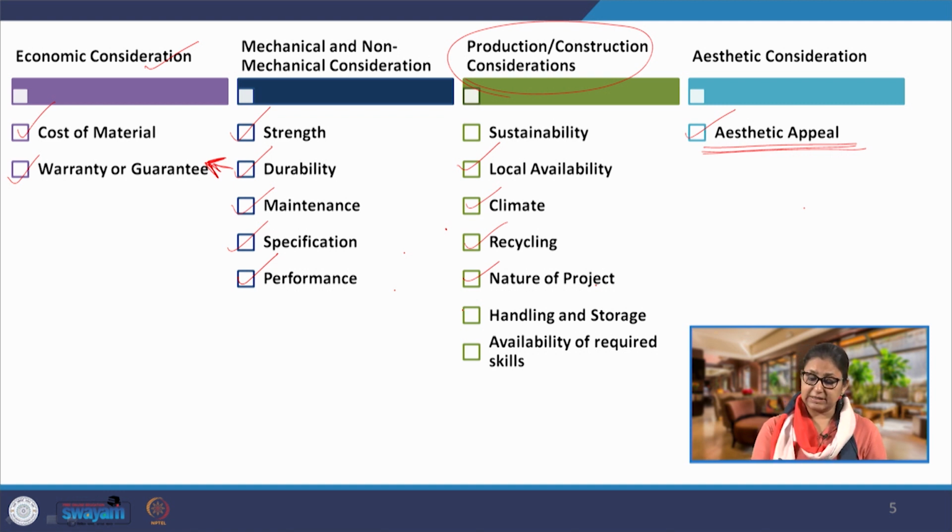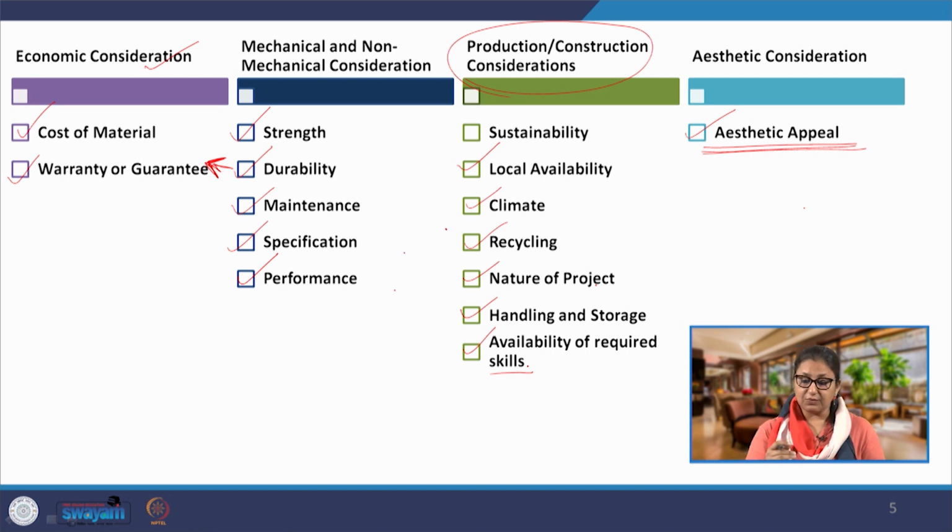Then we are looking at the handling and storage of the material. This includes the wastage that is going to be there when we are handling the material, and how easy it is going to be to work with. So, we are talking about the skill set that is required to use a certain material.